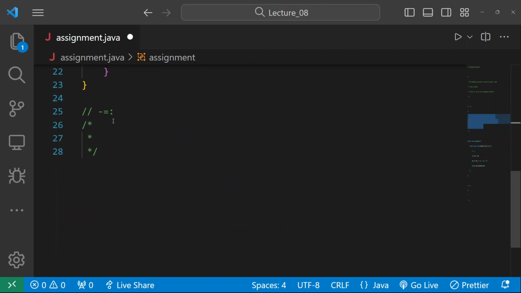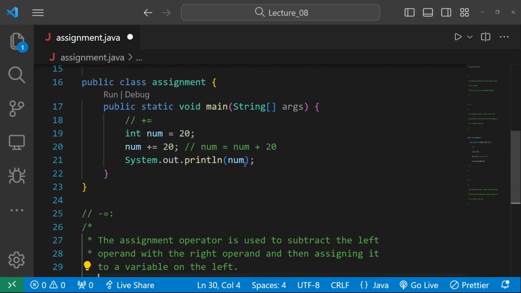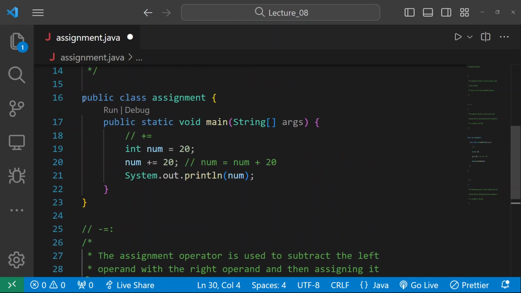See now the definition, what I will be changing for you. Pasting it, making it proper. Okay. So the assignment operator is used to, instead of add I will write, subtract: to subtract the right operand from the left operand and then assign it to the variable on the left. Same thing. If you don't believe me, let's do the code.